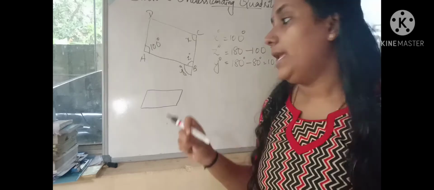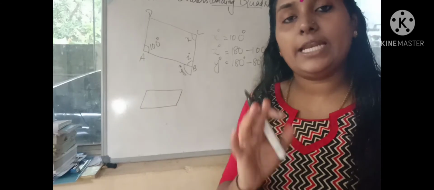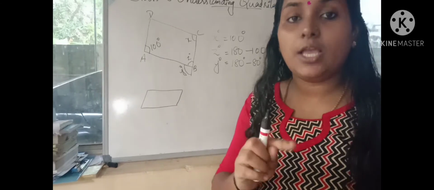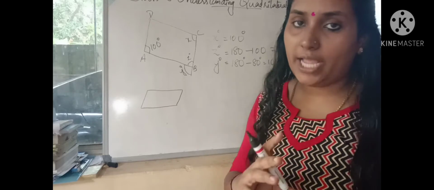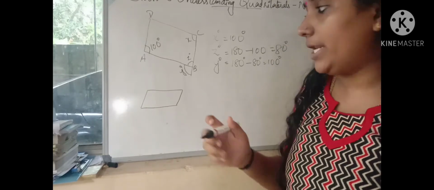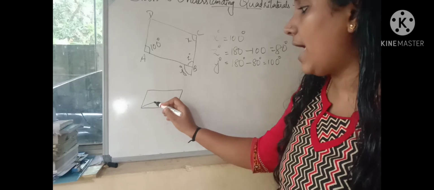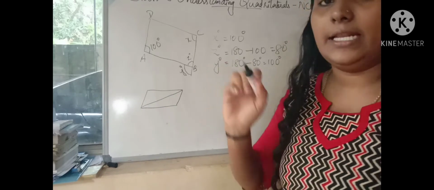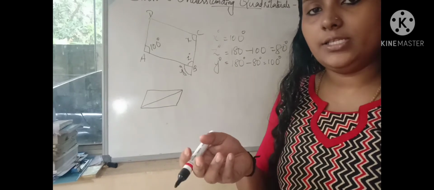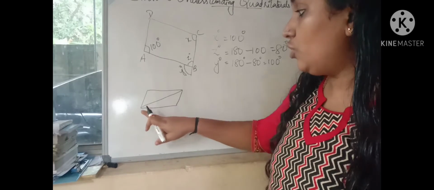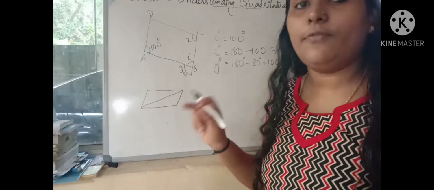All clear? In case of a parallelogram, we know that it is a quadrilateral and the opposite sides are parallel, right? Next we are going to find the diagonals. We know that a diagonal is a line segment which joins two non-consecutive vertices.